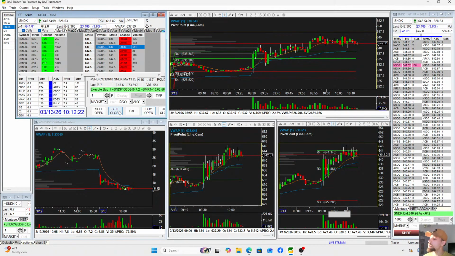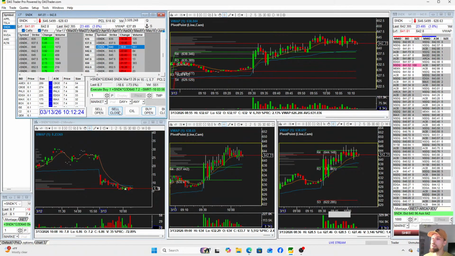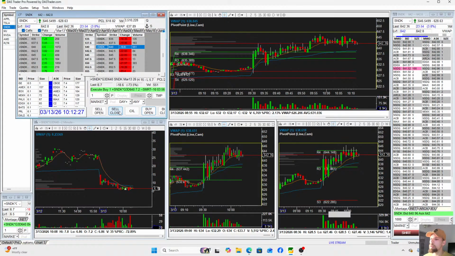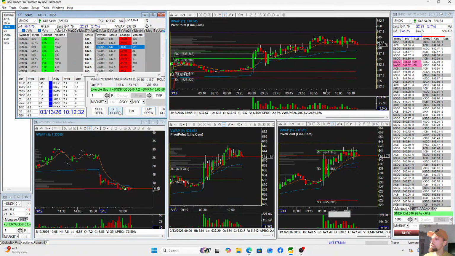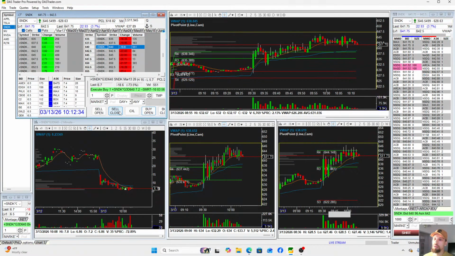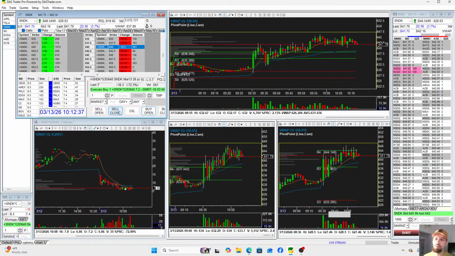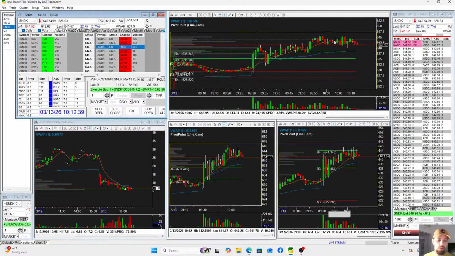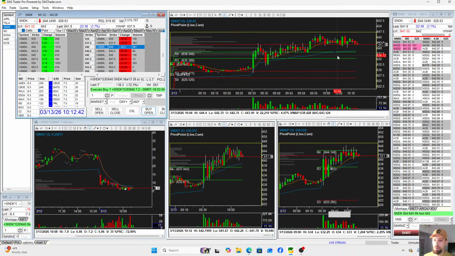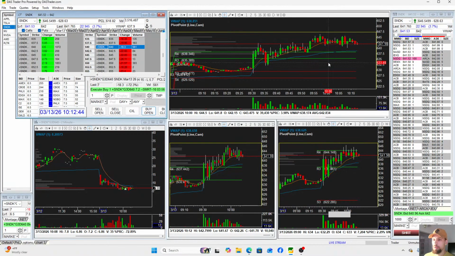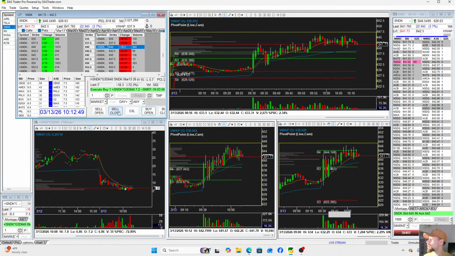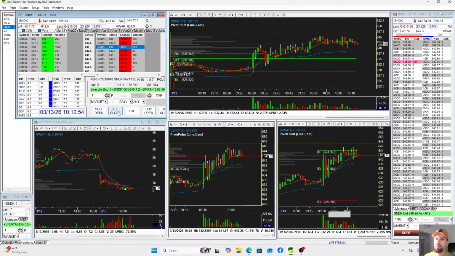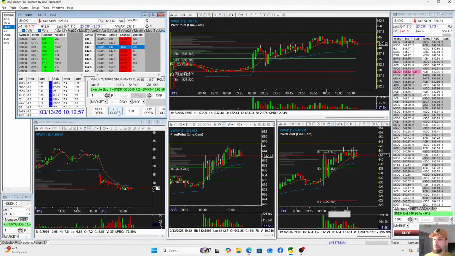So SPY is still trending down, but volume's decreasing as it's moving down, so maybe a lack of interest for shorts. Testing the bottom of this upper range here. Still in the trade, still waiting, still watching.